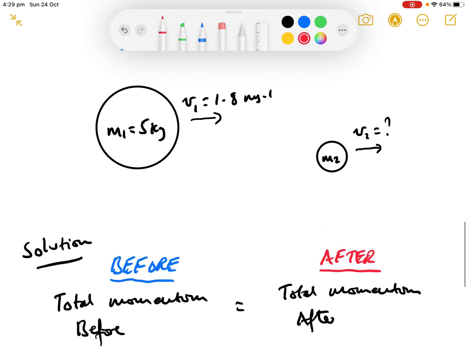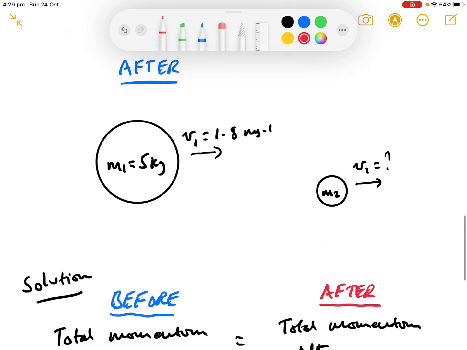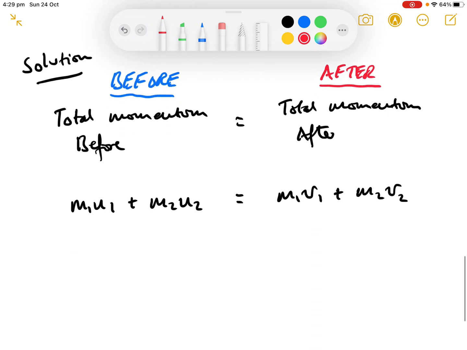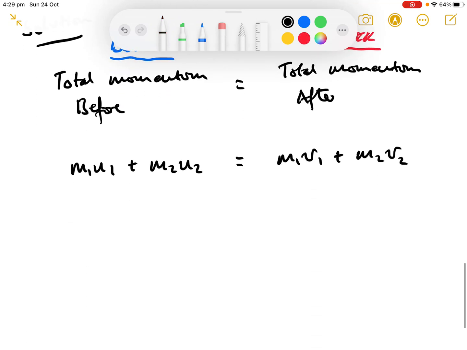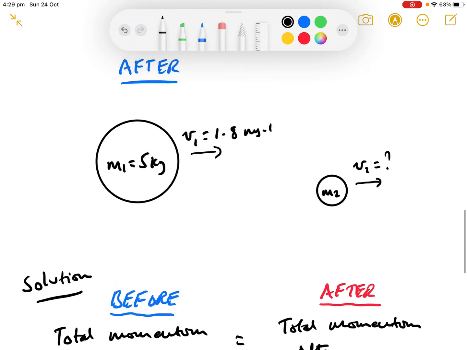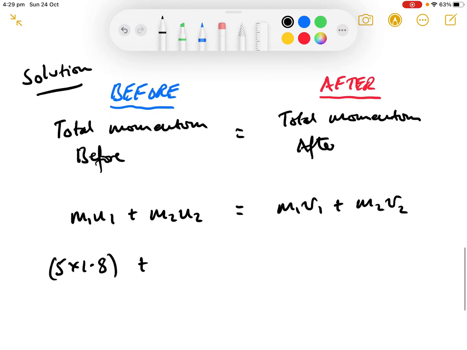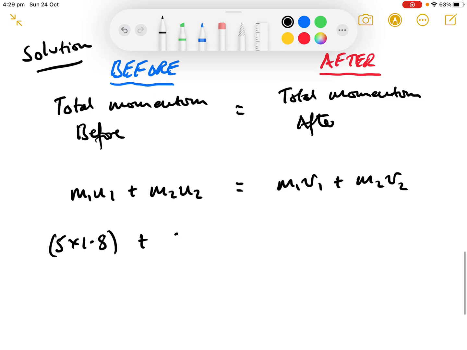Now, there should only be one unknown, and it's v2. So let's put in the numbers. The smaller body, M2, is at rest originally, so it doesn't have any momentum before the collision.